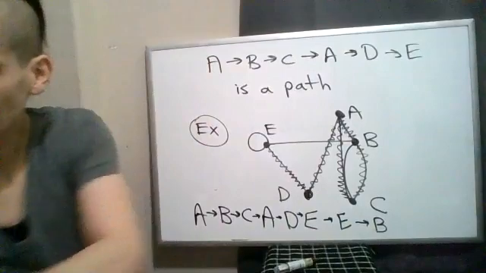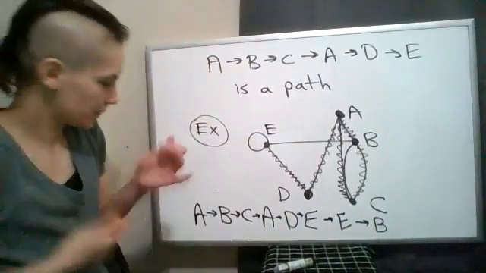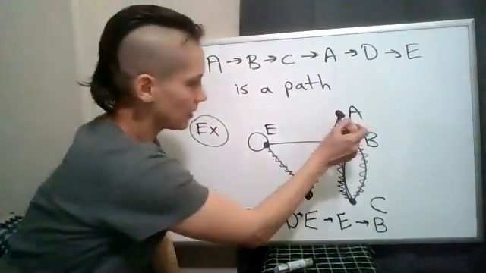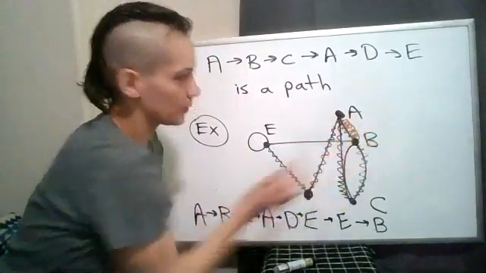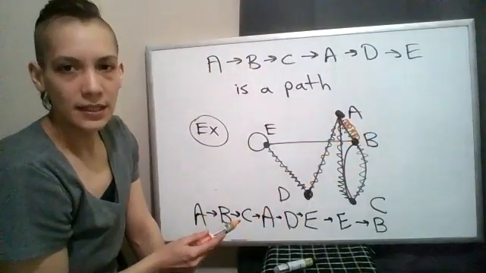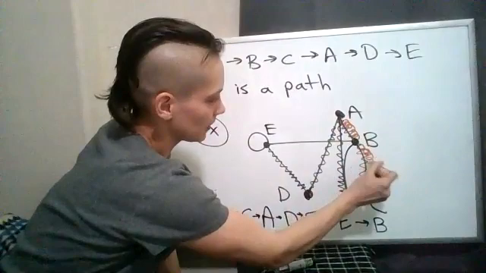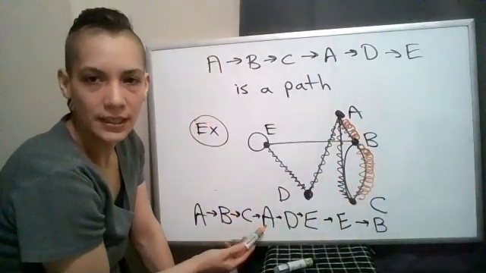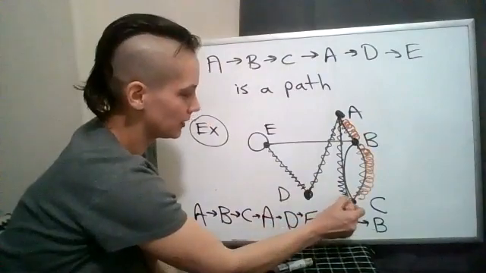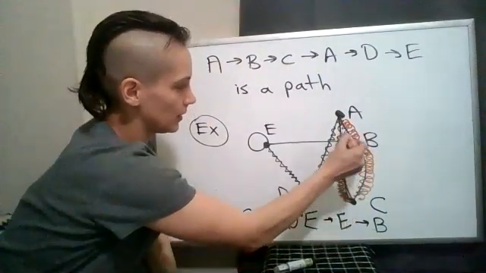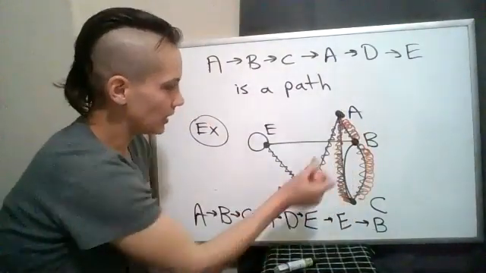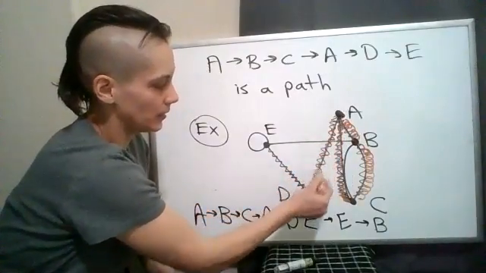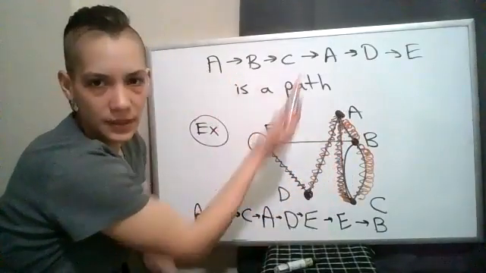So A to B, B to C. And yeah, we've done this a little bit. So C to A is on this side here. A over to D. Oh, so we're just continuing that a little bit.